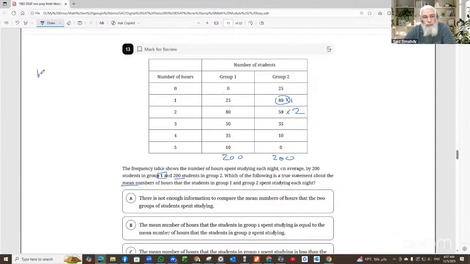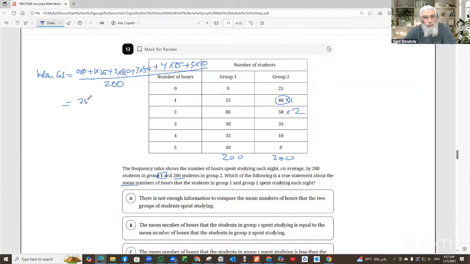So the mean of group 1 is: we multiply 0 times 0 plus 1 times 25 plus 2 times 80 plus 3 times 50 plus 4 multiplied by 35 plus 5 multiplied by 10, all divided by 200 students.